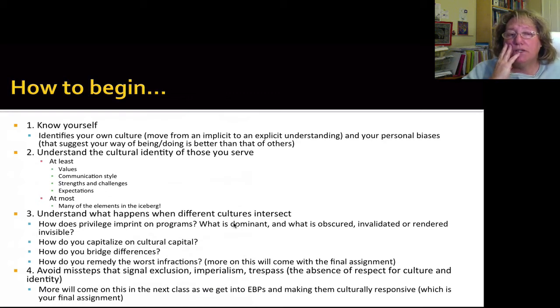You're also going to want to avoid missteps that signal exclusion, imperialism, trespass. And trespass in this case is really about the absence of respect for culture and identity. Again, you'll be digging into this more fully in the final assignment.